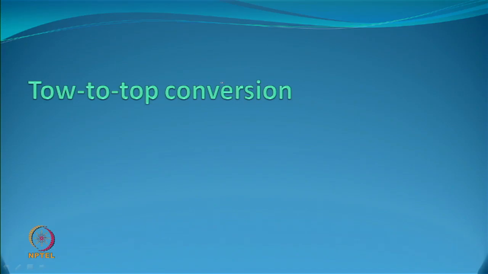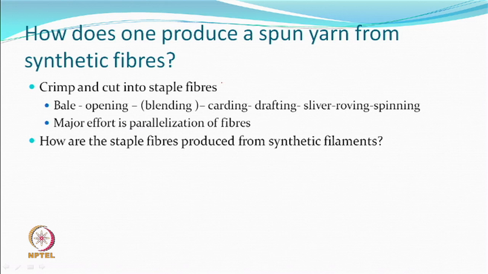So, there is a process called tow to top conversion, but before we do that, you must know how we normally produce a spun yarn. Let us say polyester spun yarn, nylon or other synthetic fibers. So, you have to crimp, and crimp is done by a stuffer box type of environment.